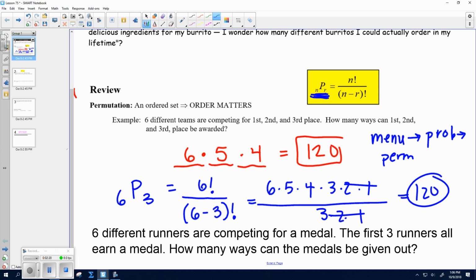And you don't even have to fill in the formula. It's just that cool. It has an nPr with parentheses. And you're going to fill in 6, 3, and it's going to give you the answer of 120.